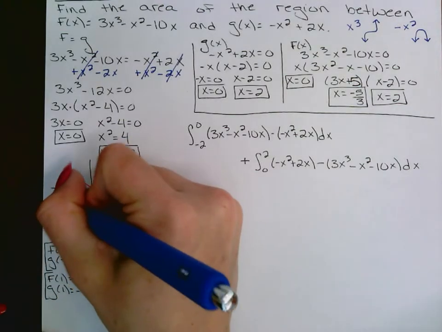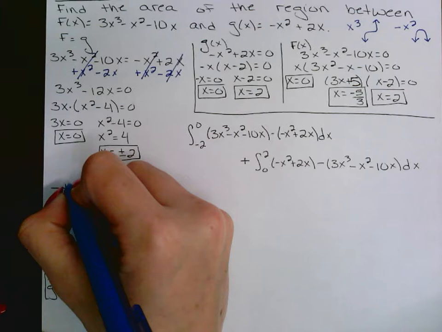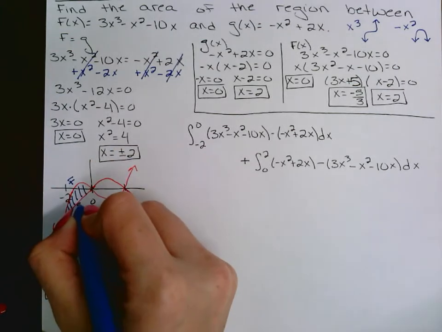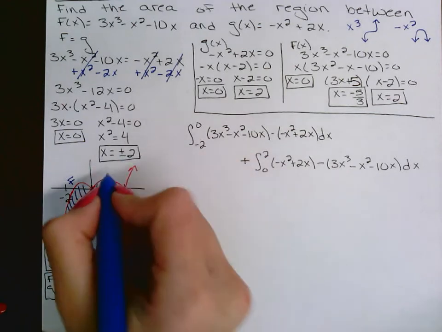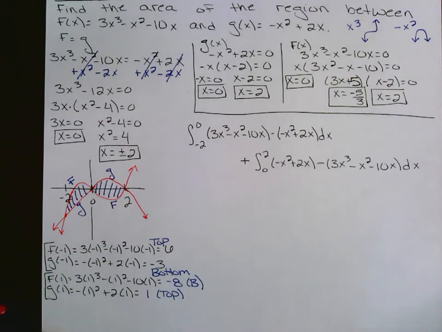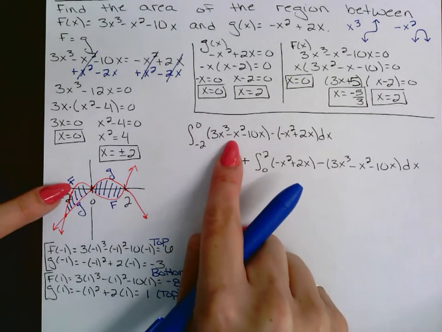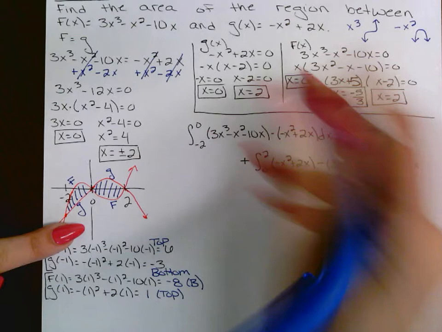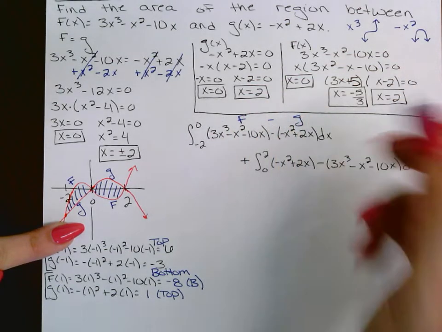of my first section that we just wrote, with F being on top and G being on bottom. And then our second section with G being on top and F being on the bottom. So if you wanted more of a visual, we have from -2 to 0, F minus G, our top minus bottom.